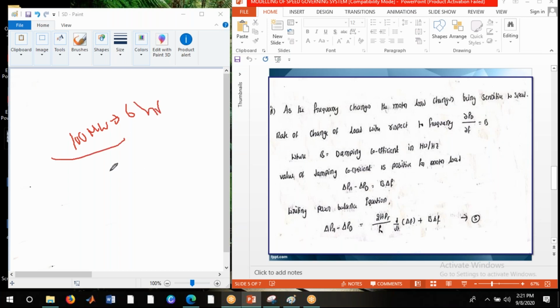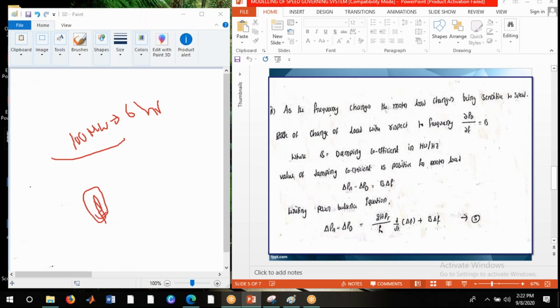After 6 hours, the load may increase or decrease. Based on the load demand, we have to change the frequency. So in this case, we find how we can control the load demand with respect to the frequency in sudden changes, how these two parameters depend on each other.